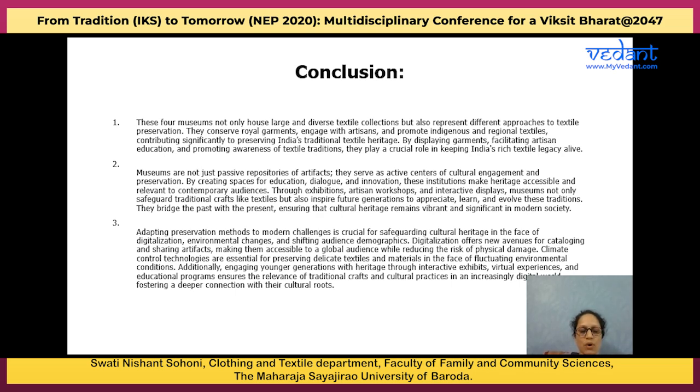They conserve royal garments, engage with artisans, and promote indigenous regional textiles, contributing significantly to preserving India's traditional textile heritage. By displaying garments, facilitating artisan education, and promoting awareness of textile tradition, they play a crucial role in keeping India's rich textile legacy alive.